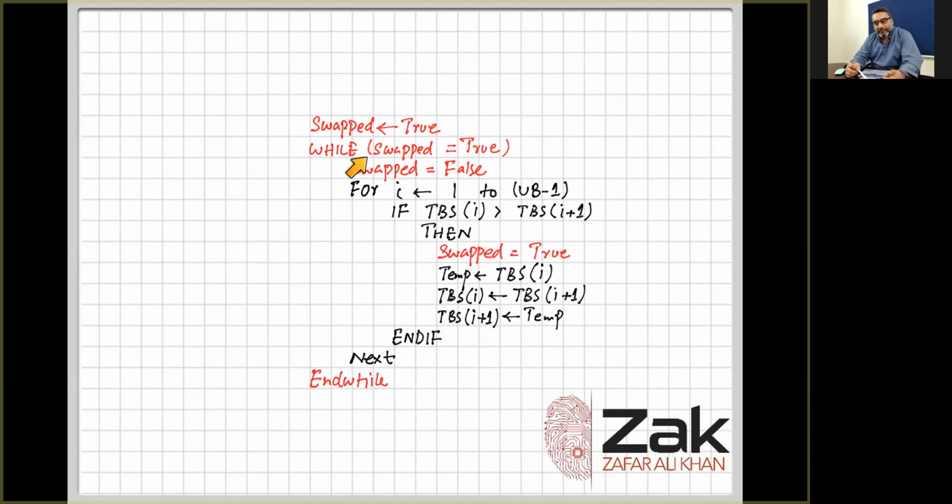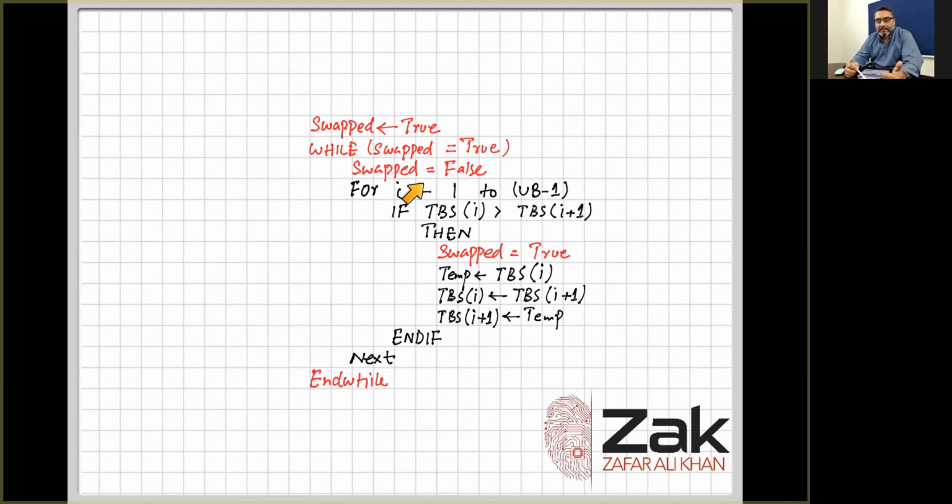Before starting the inside loop, I have made swapped false. So if a single swap happened, I made swapped true. When it gets out of this For Next and reaches End While, the while checks if it is true, then it works. Since there was a swap, there's a possibility that there are further swaps.